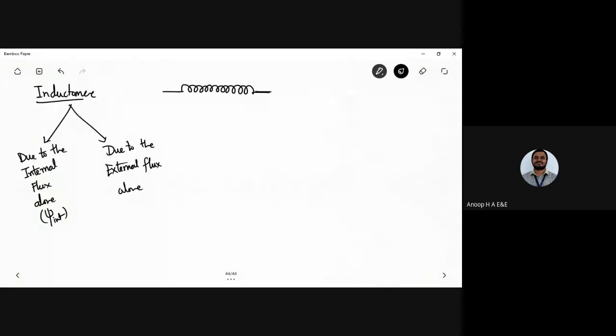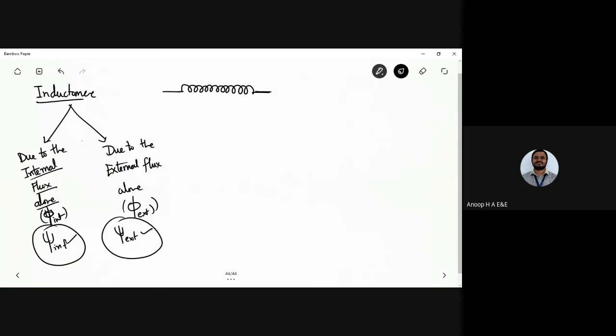So first we'll be highlighting due to the internal flux alone, that is phi internal, and due to the external flux alone, that is phi ext. So you will have the terms phi int and phi external also. You can represent it that way. Most of the textbooks use phi internal and phi external. So depending on the terms I use, you will have the flux linkages developed as phi internal and phi external, acting due to the internal flux and the external flux.